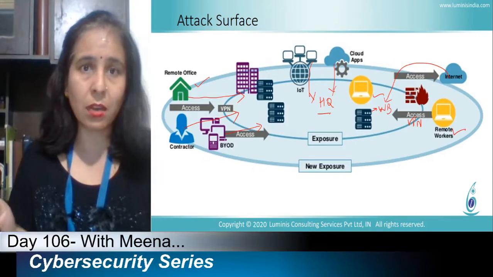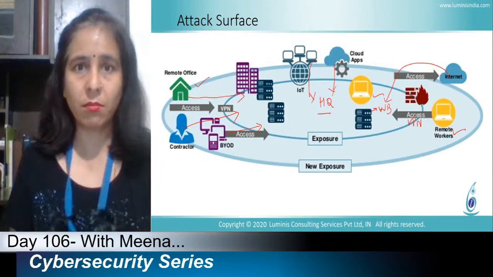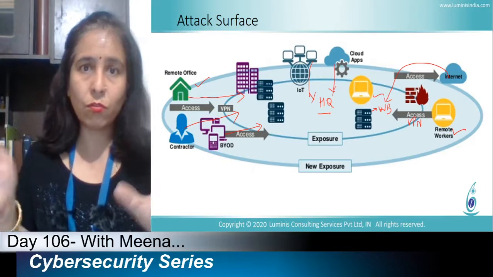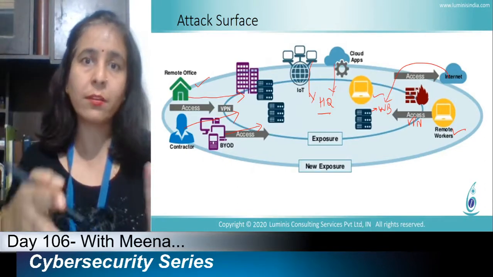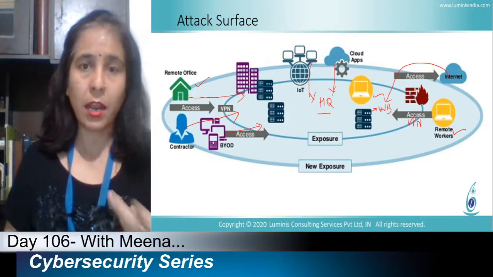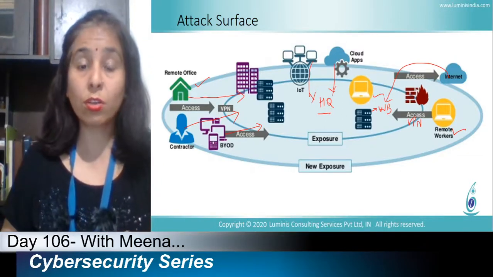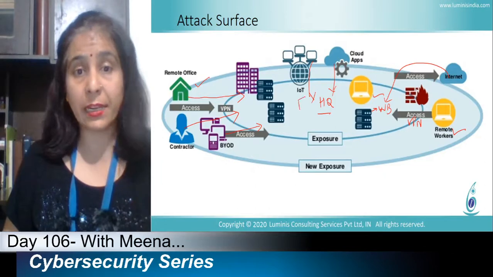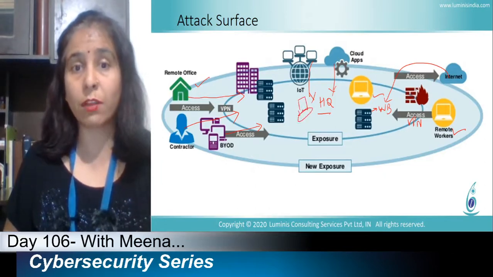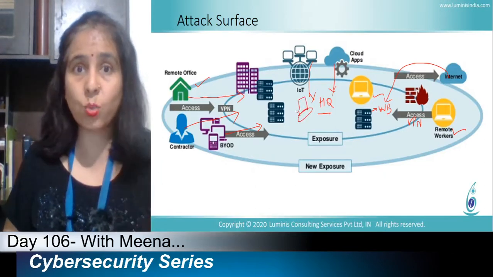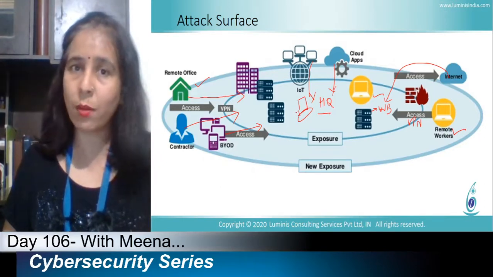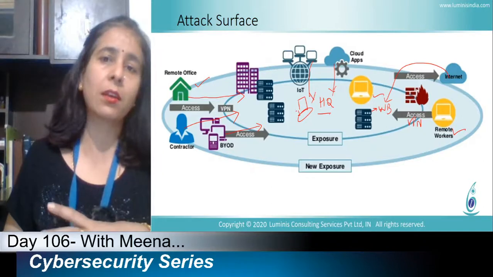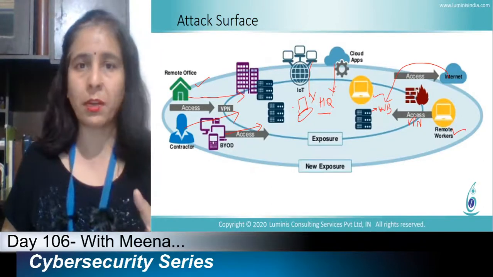These are the entry points for attacks. Another thing is the insider users. That is also a very dangerous situation, because they are inside the network. They know everything about it, and it is very easy for them to perform an attack.